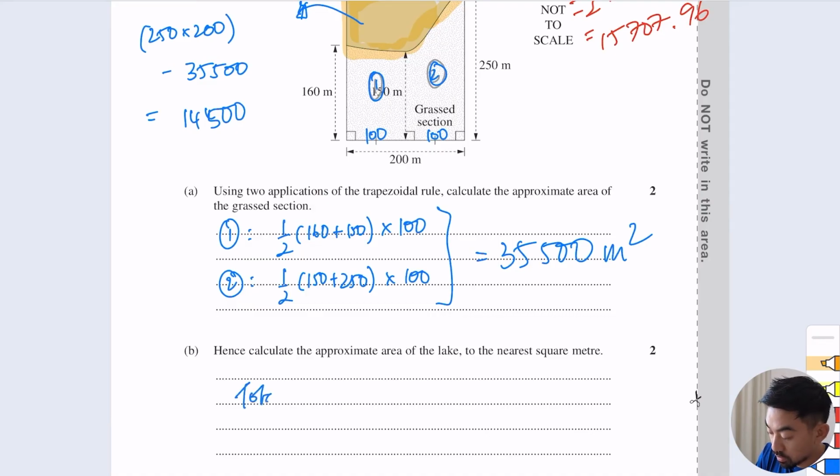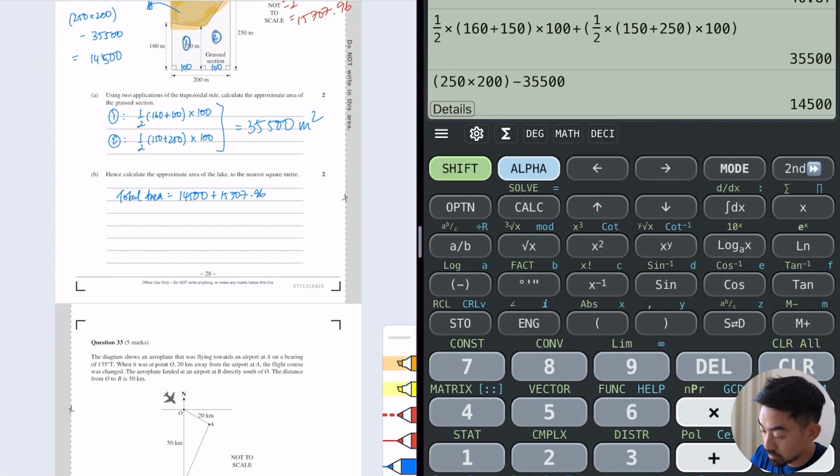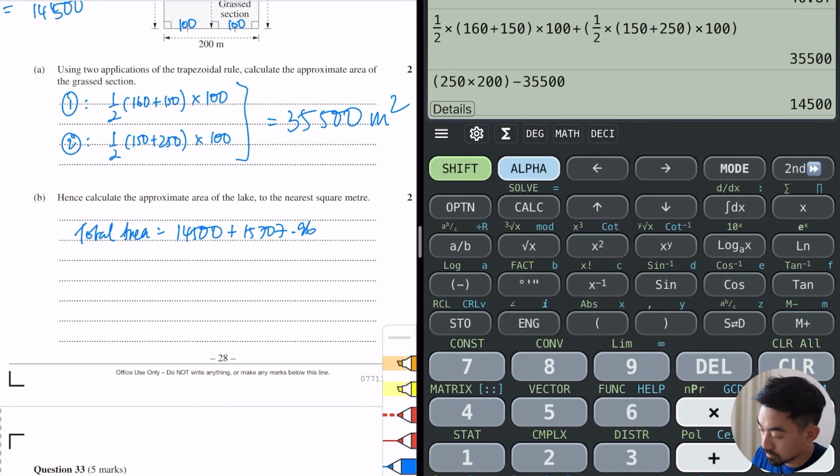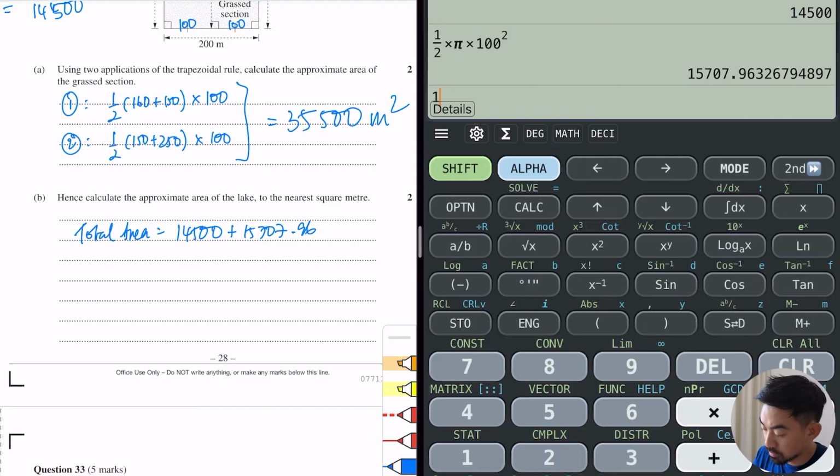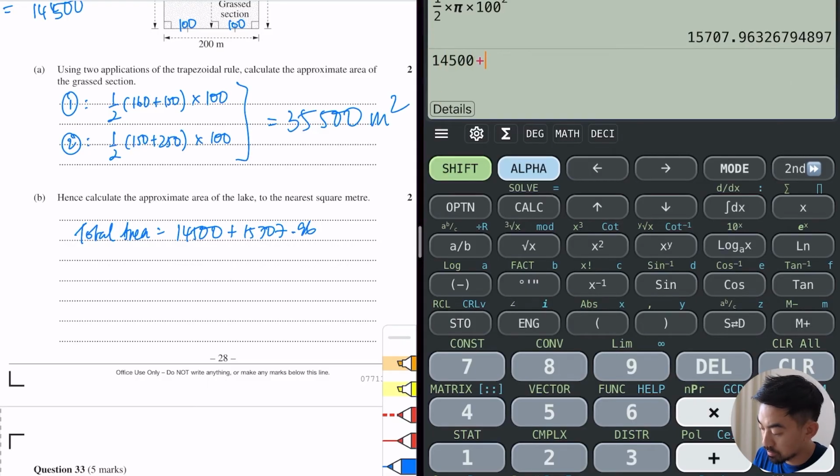So total area is 14,500 plus 15,707.96. So that's equal to 30,207.96 meters squared.